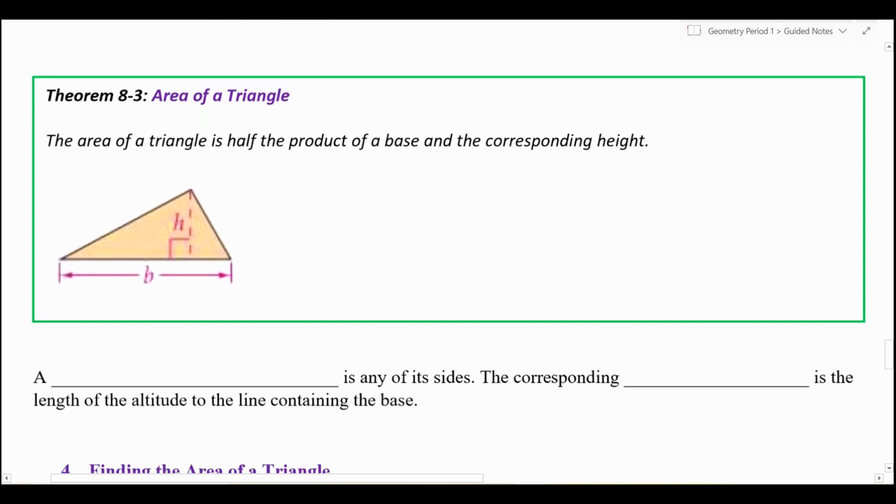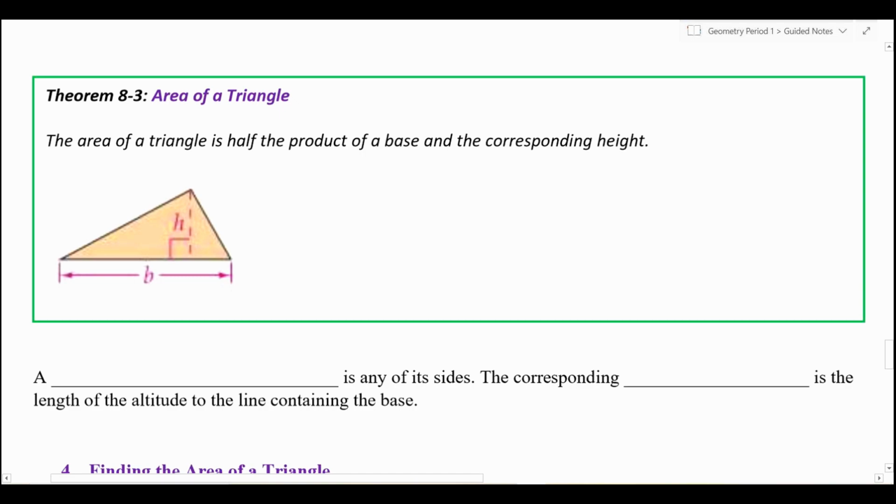Theorem 8-3. Area of a triangle. The area of a triangle is half the product of the base and the corresponding height. And here's the word again, corresponding height. Why is that? Because again, depending on the base that you use for reference, the height will also be different.